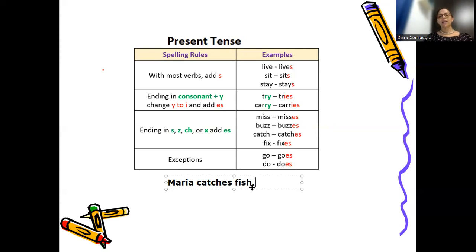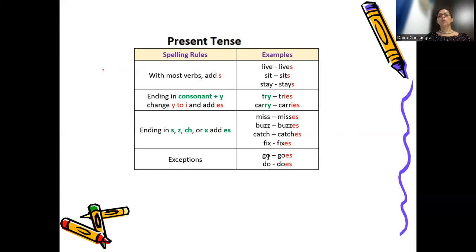Okay? Maria atrapa peces. Catch is the original verb, but you add es because we're talking about Maria, which is the pronoun she. Okay? And you have to understand this because if you don't know what pronoun you're talking about, then you won't understand.